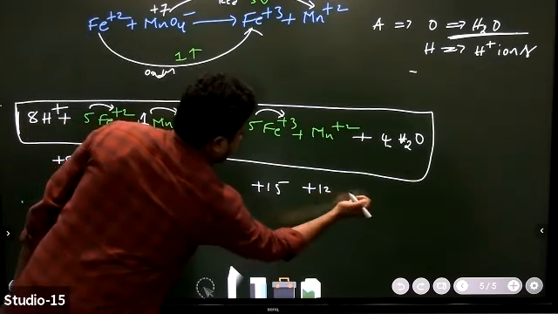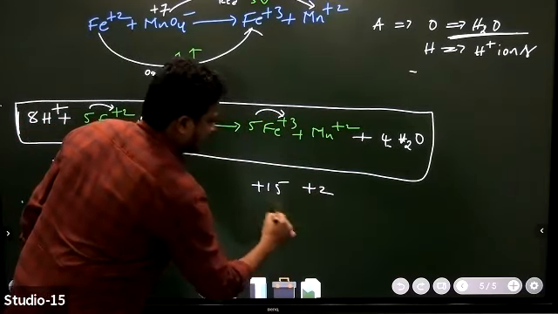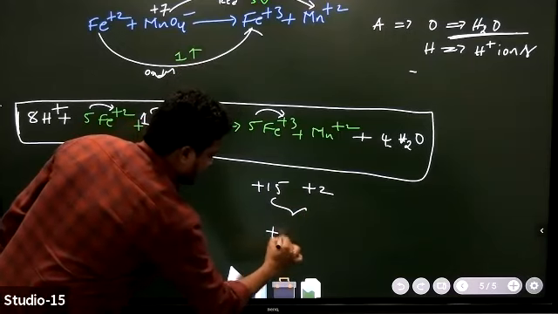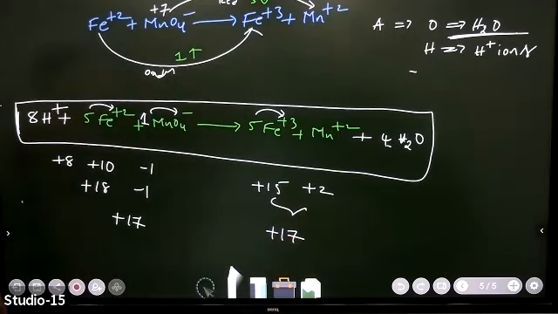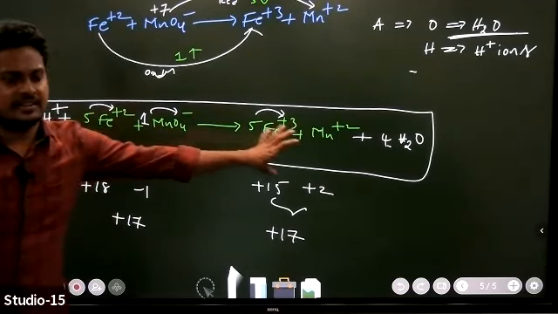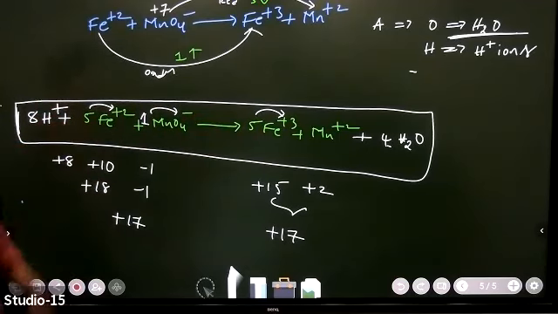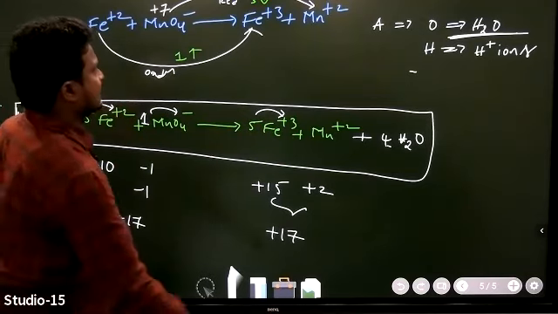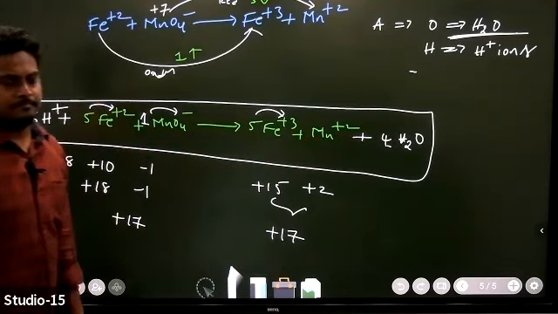Now total positive charges in right hand side is plus 17. That is it. We can call it a balanced equation. Actually, if you understand, you can do it within 5 minutes in only a single line.